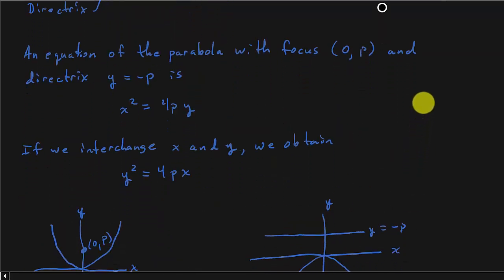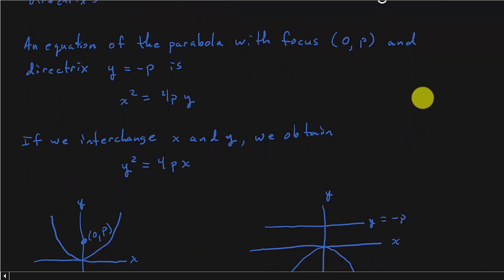So let's look at it in a little more detail. An equation of the parabola with focus (0, p) and directrix y equals negative p is x squared equals 4py. And if we interchange the x and y, we have y squared equals 4px. This first equation is for a parabola that opens up or down.